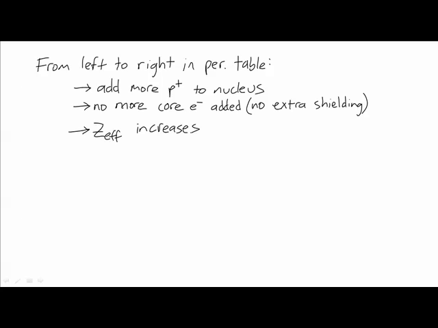How about distance? Our simplest estimate of distance comes from what energy level the valence electrons are on. So if Z effective is increasing, but the valence electrons are on the same energy level, their distance is going to remain roughly the same.